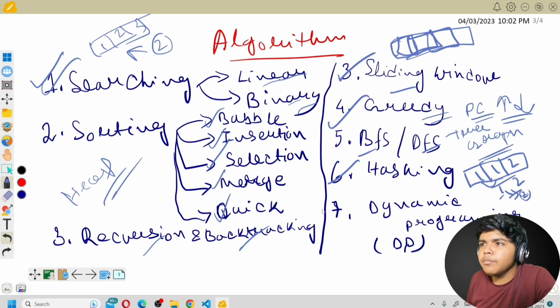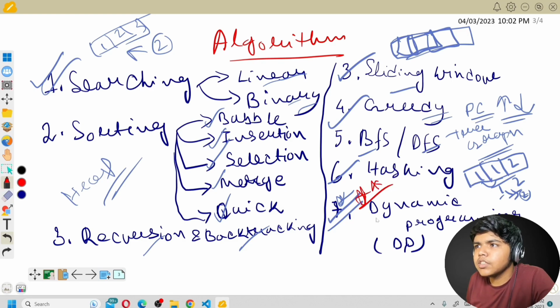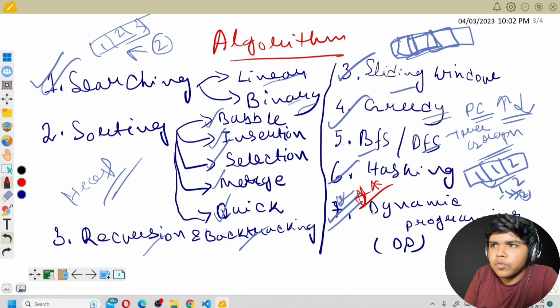Okay, now the most important thing is dynamic programming. I can mark this with a red star. Many people think dynamic programming is the toughest, and I also feel it is a little bit tough. Dynamic programming is very important for interview purposes, so it is required for interviews.